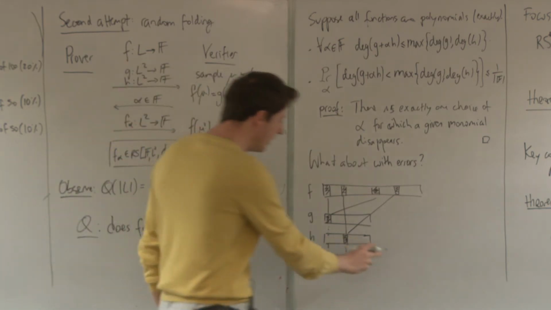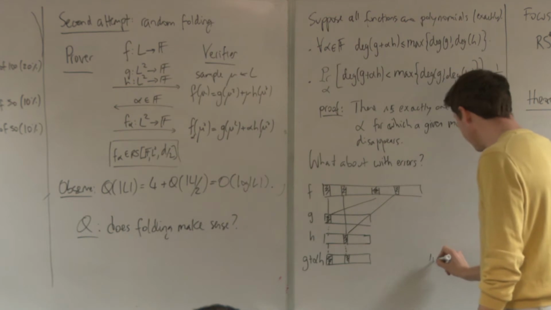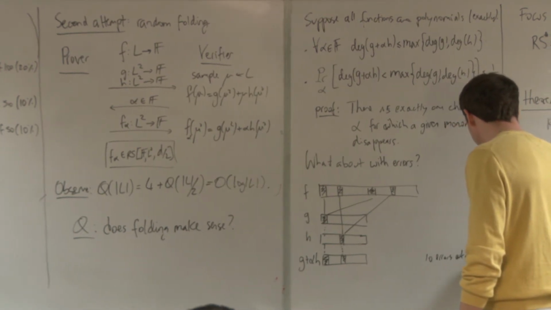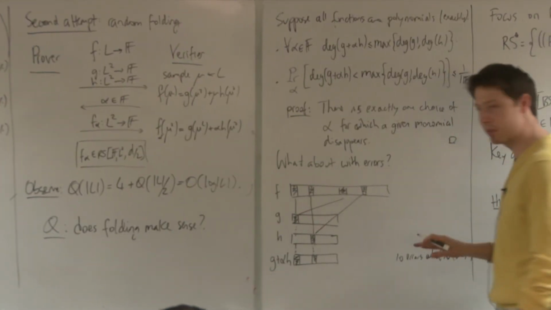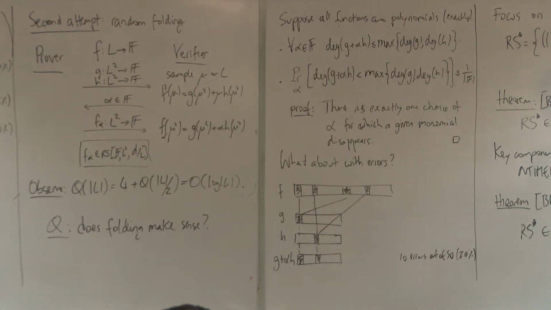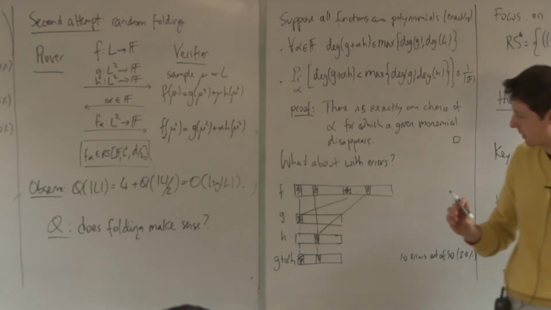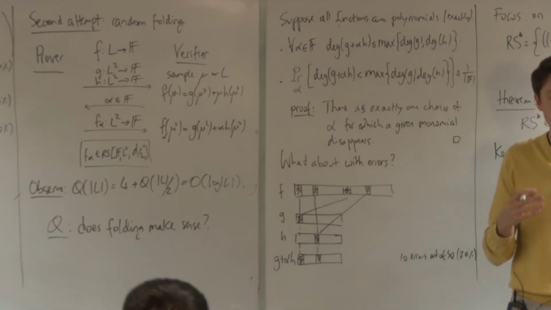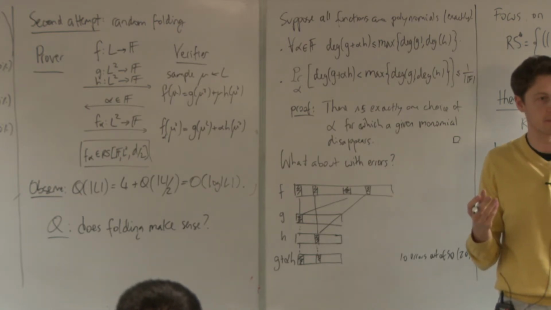Okay? And so now this one will be corrupted in 10 errors out of 50. That's 20%. So that's the same proximity parameter I started from. Okay? Somehow this folding is not just making sure that my queries don't blow up, it's also making sure that errors align.